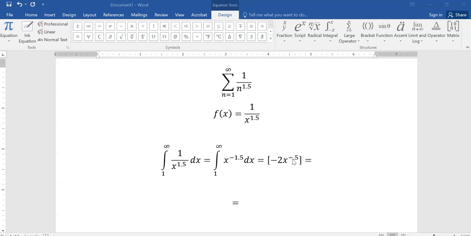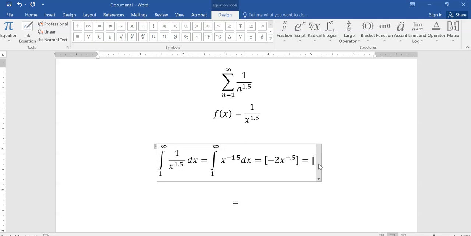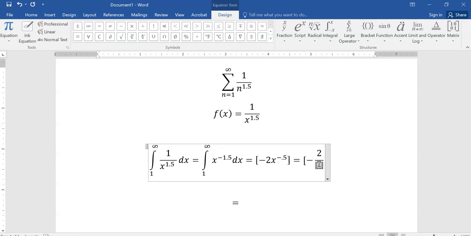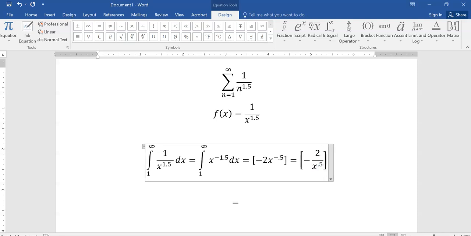Add 1 to that exponent, you get negative 0.5 on that exponent, and then divide by the negative 0.5. When you divide 1 by negative 0.5, you end up with a negative 2. By the way, if you'd rather, you can think about that as negative 2 over x to the 0.5 power, if that's easier for you.